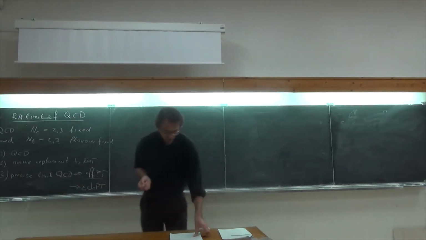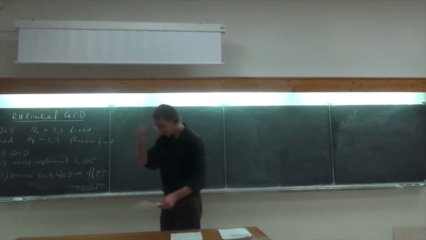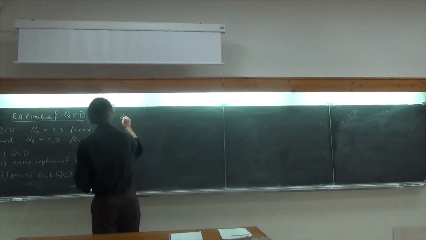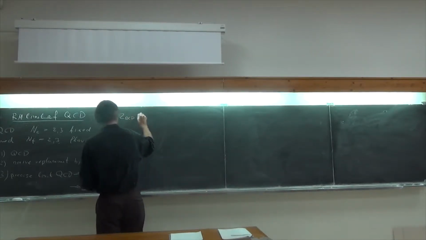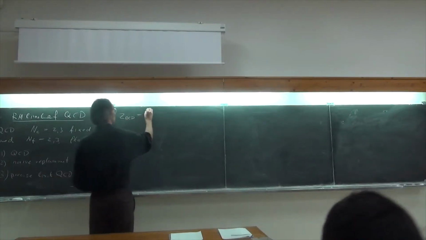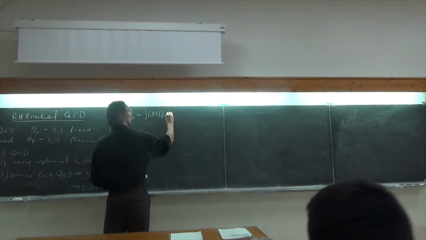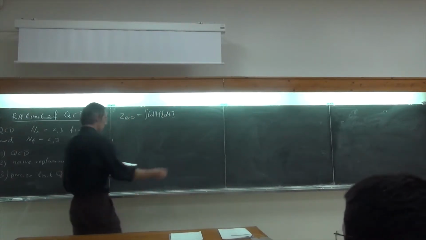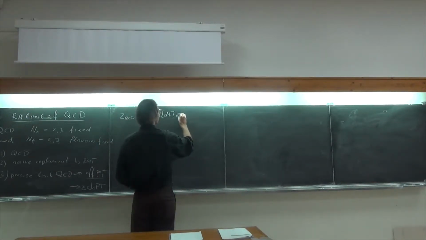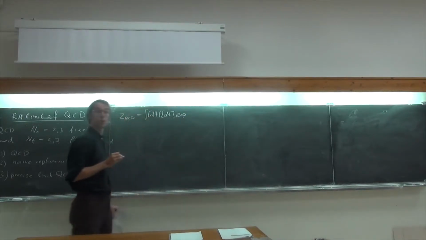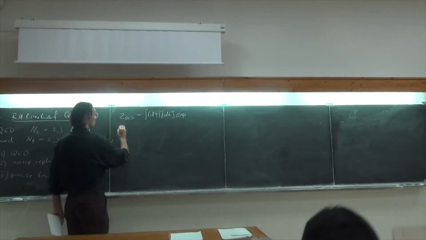Okay, so let's start with QCD. So, of course, we have QCD, we will not call that the partition function, we will call it the path integral over the fermions and gauge fields. And everything I will do in Euclidean 4-dimensional space-time.